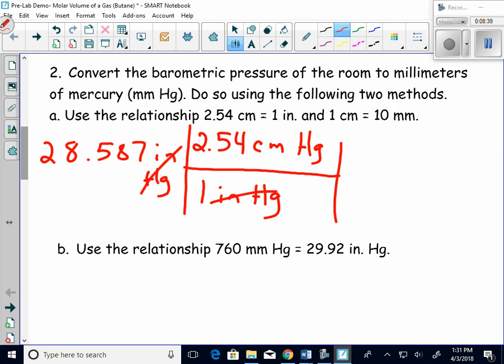My inches cancel. So basically, I'm taking that 28.587 and multiplying it by 2.54, and I get 72.61098 centimeters of mercury.